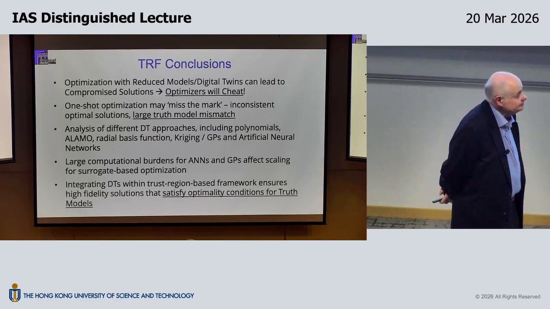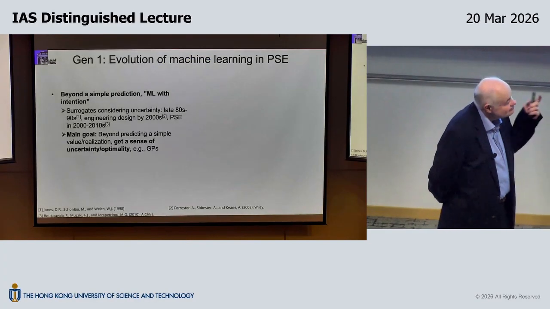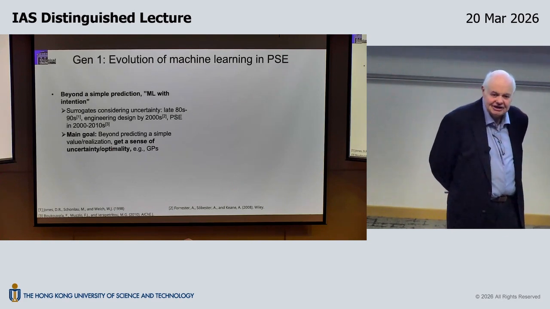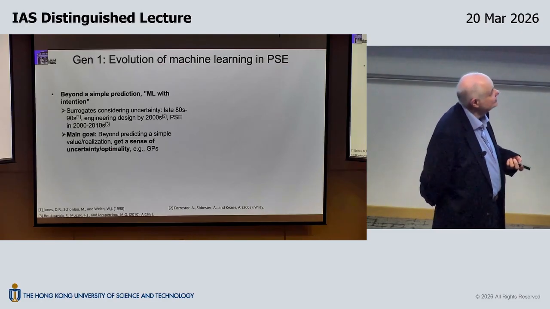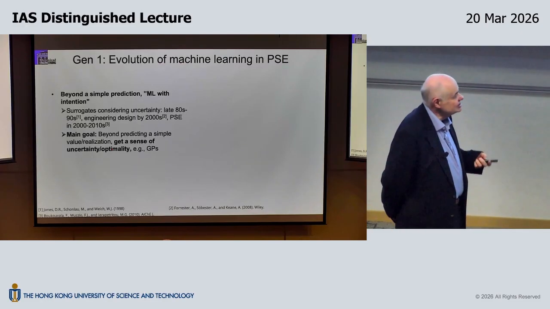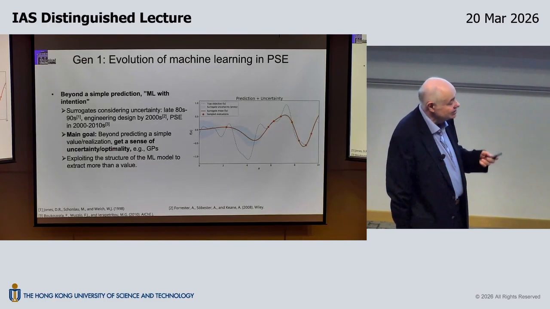Let's go on. What we want to do next is talk about how you do the training in this case. If you think about how machine learning has evolved, you're basically saying collect some data, okay, hopefully not too much, and with that data, you're going to get a cheap digital twin or reduced model that looks like this.